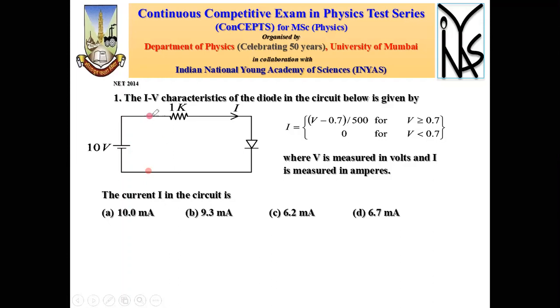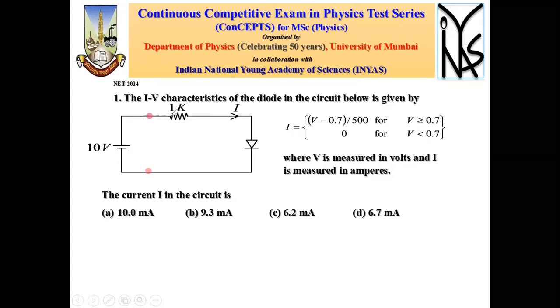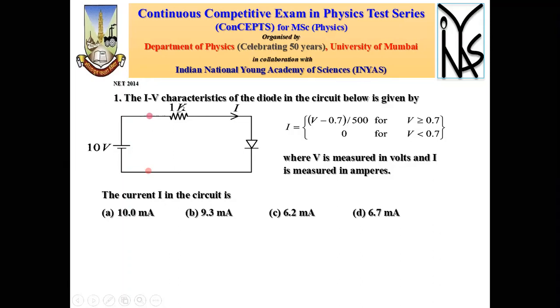So we can see now we have divided the circuit into 2 parts. This is the input section, it is applying 10 volt, and this is the section which is connected. So at this junction, you will get 10 volt. So it is assumed that even if you replace this 10 volt by an open circuit, the 1K resistor and the diode will also show 10 volt.